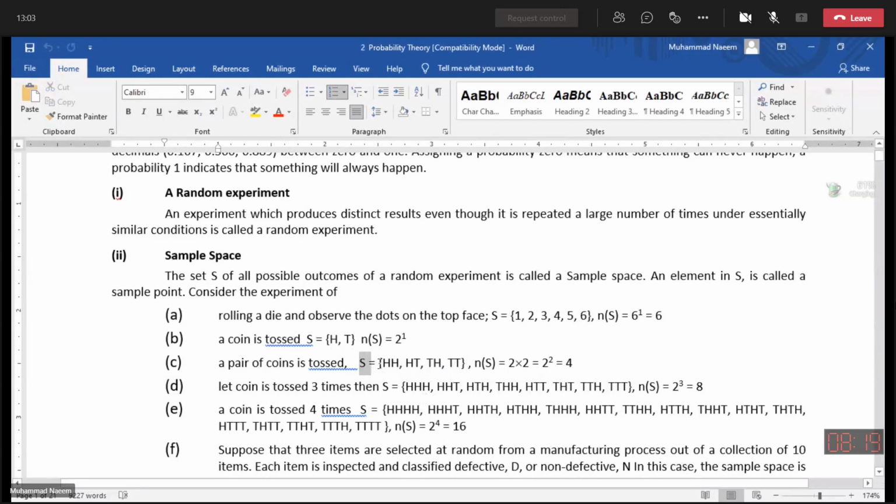Otherwise, alternatively, we select an item from a container which may be defective or non-defective.